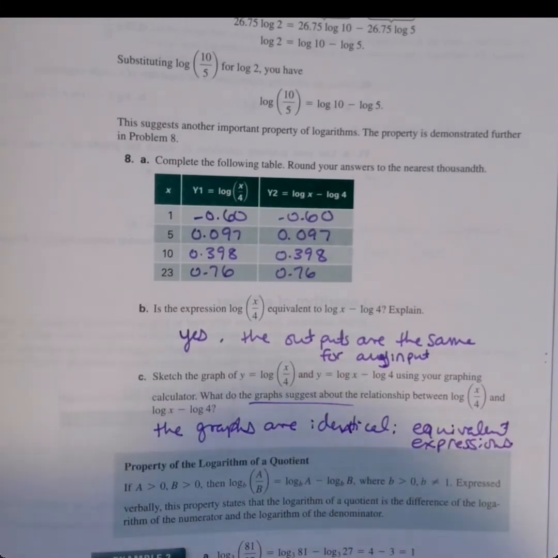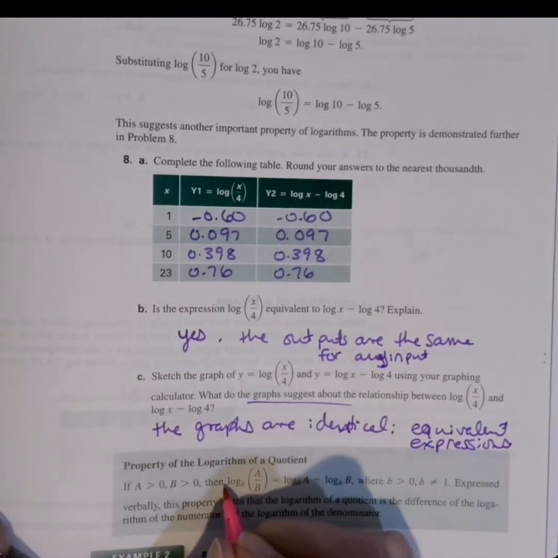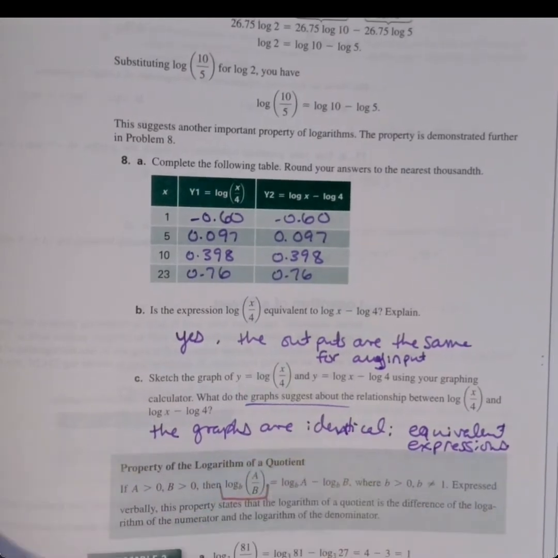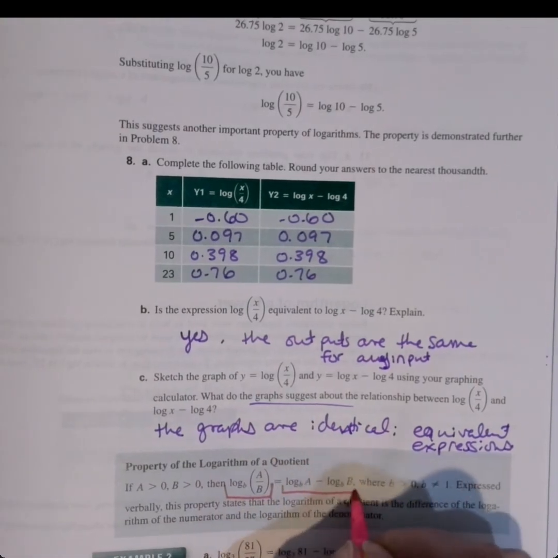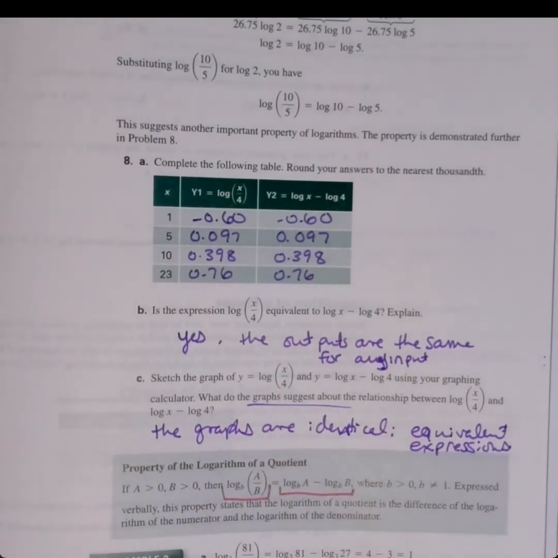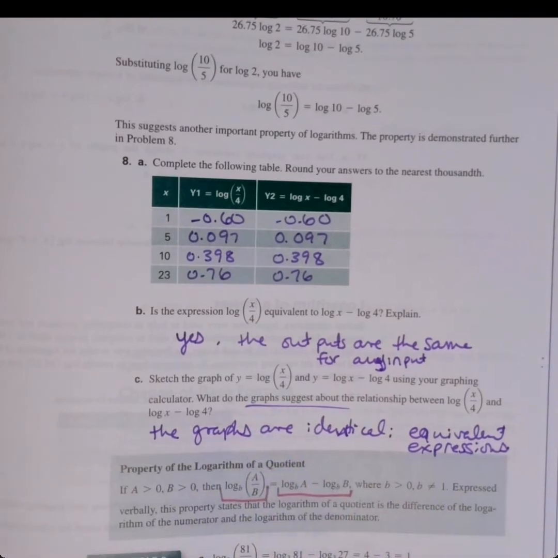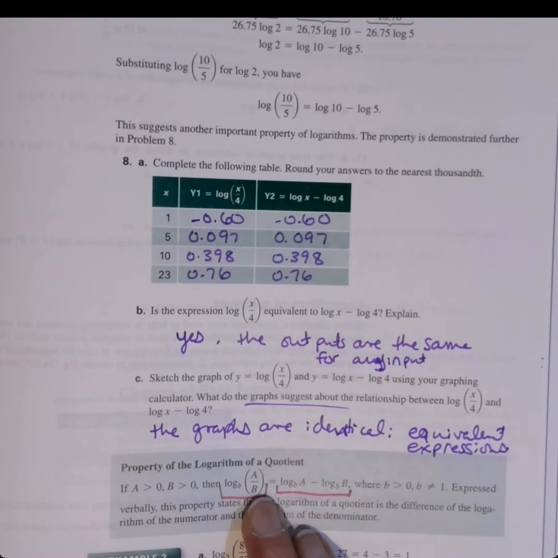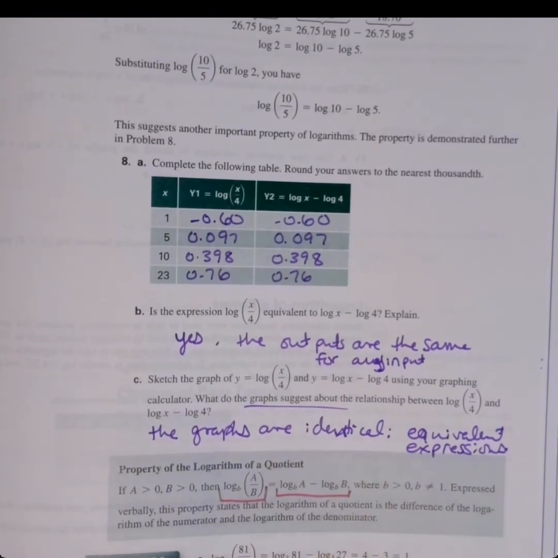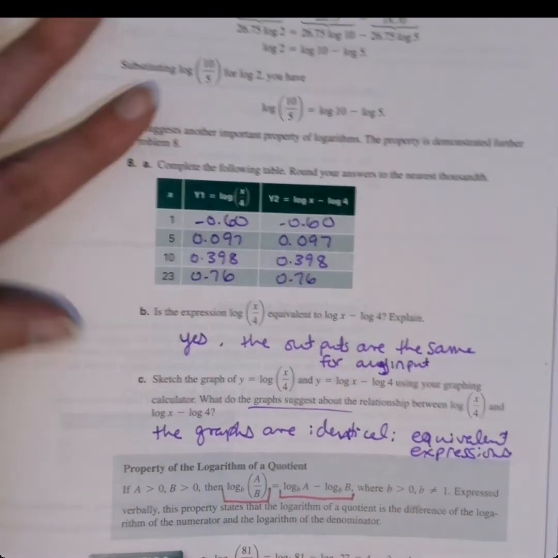So into our properties box, this suggests that the log base b of capital A over capital B is going to be equal to the log base b of A minus the log base b of capital B. So a multiplication turns into an addition, and a quotient, a division, turns into a subtraction. That's very similar to what you remember from exponents.